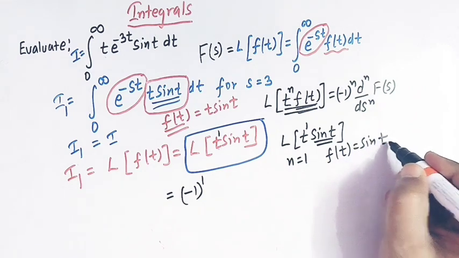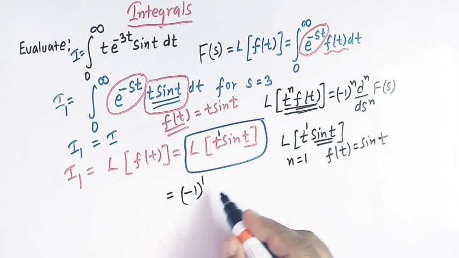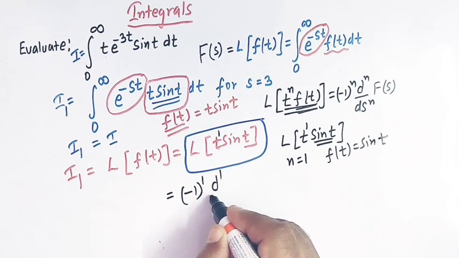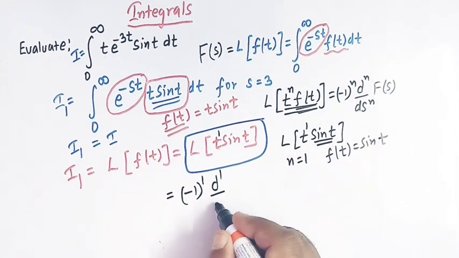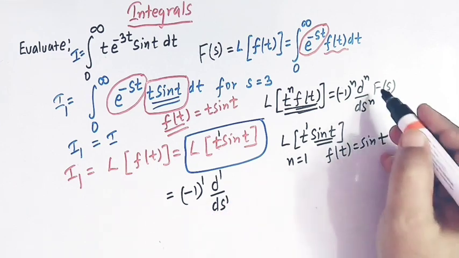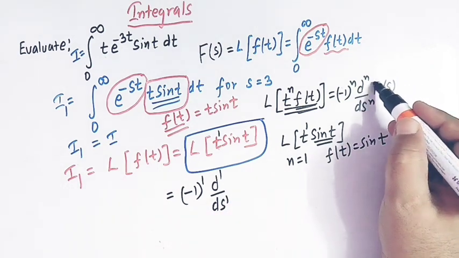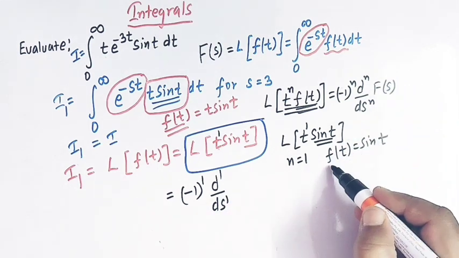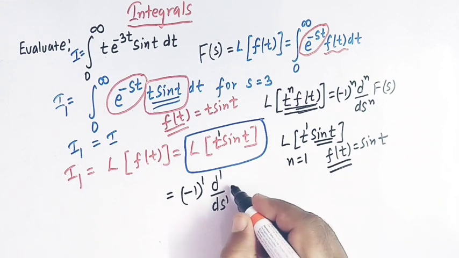So we have minus 1 raised to n, and the first derivative, because n is 1, of the Laplace transform of this function f of t.